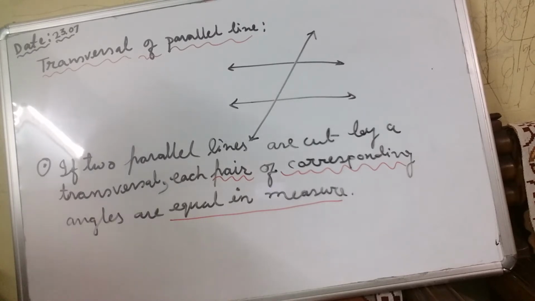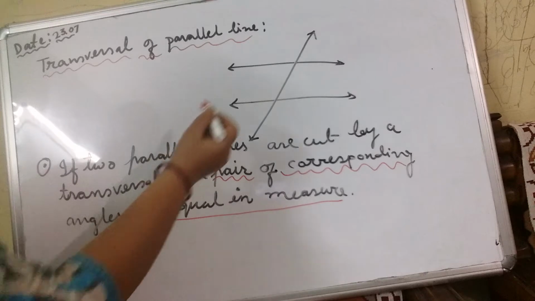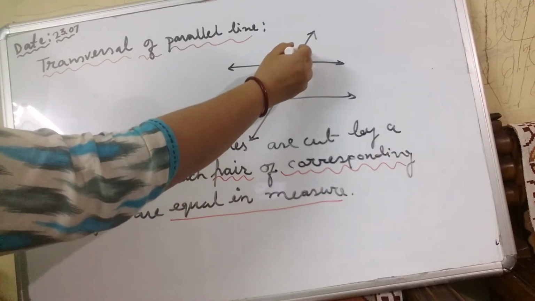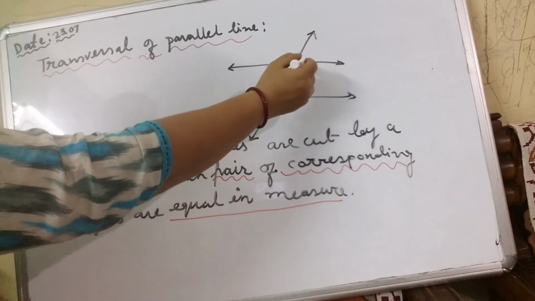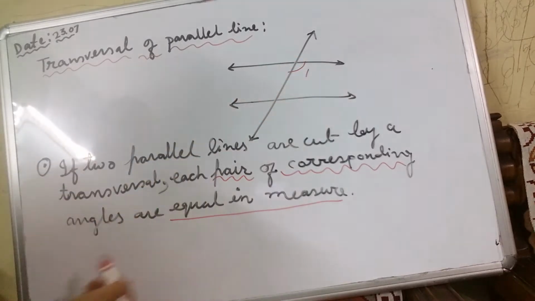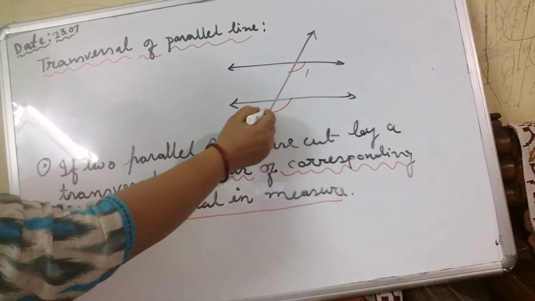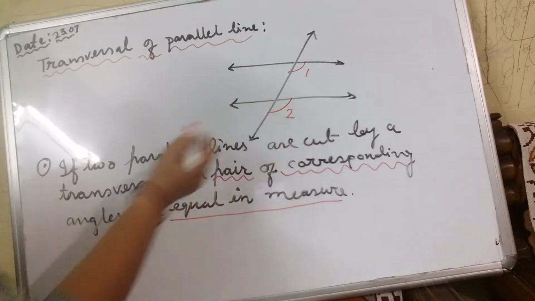If you remember, if I say this is angle 1, what will be its corresponding angle? This angle, say angle 2.